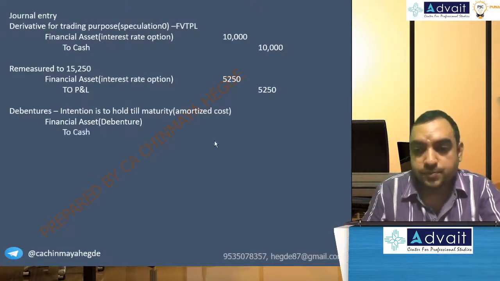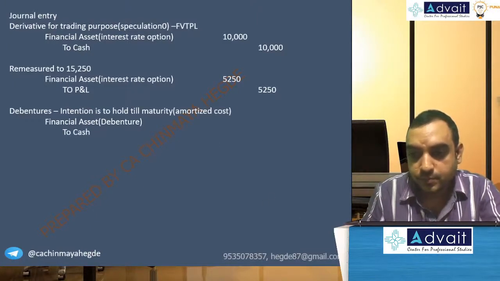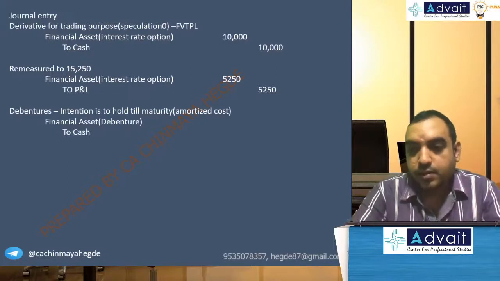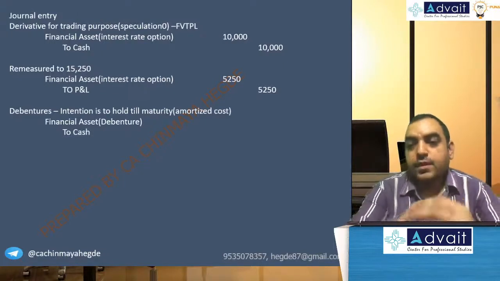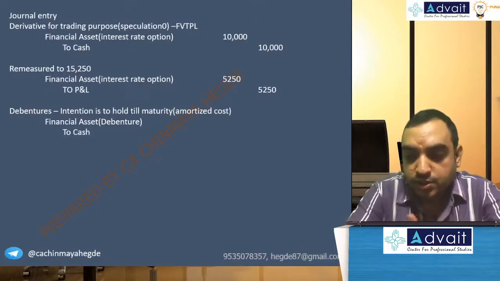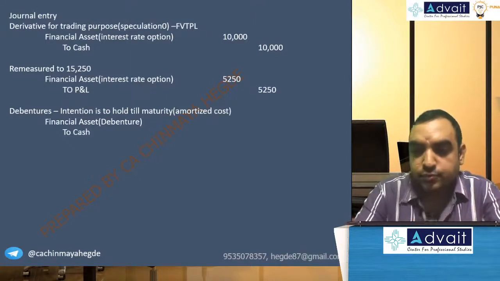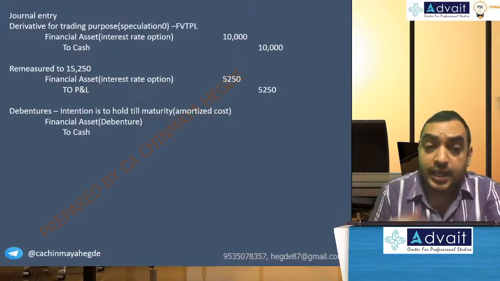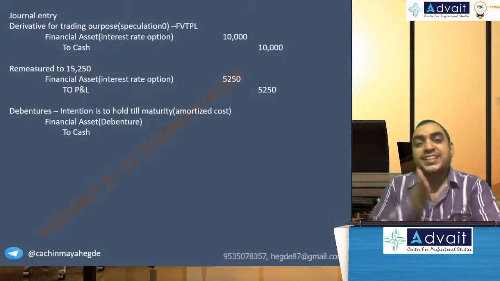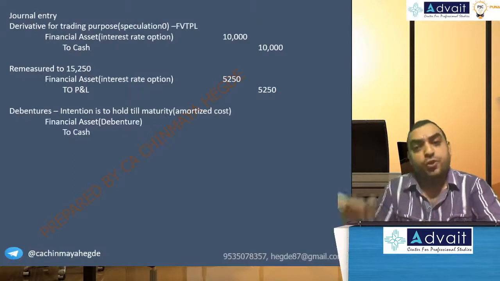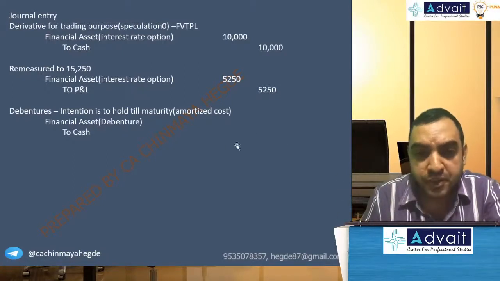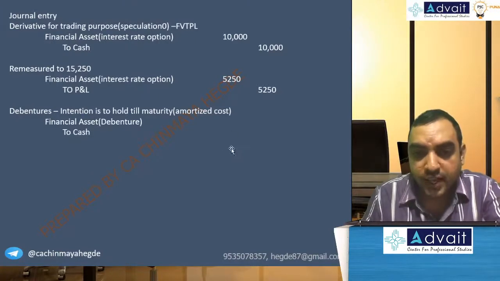Financial assets, debentures, to cash on first April. Is it assumed transaction cost is fair value? Since it's fair value, in general, unless specified, we assume transaction price is fair value. Only when it is not at market terms, we go further. Here there is no question of it. So financial assets to cash, 1,50,000.